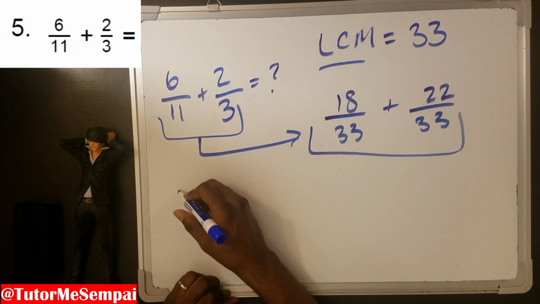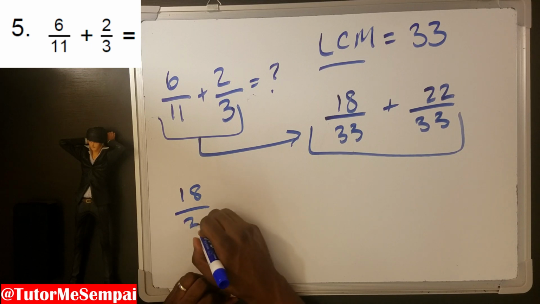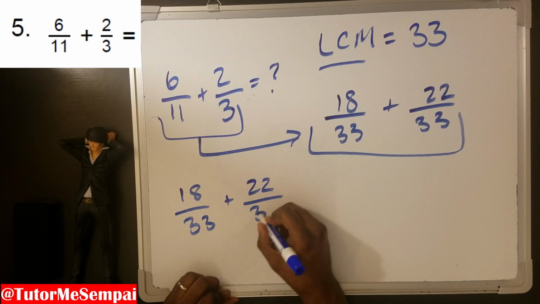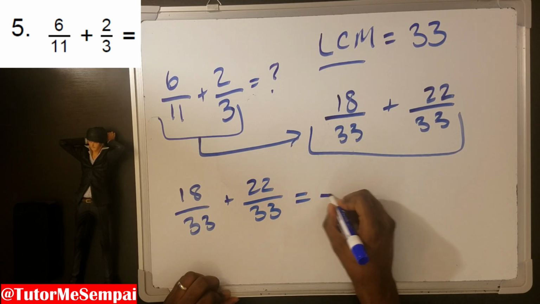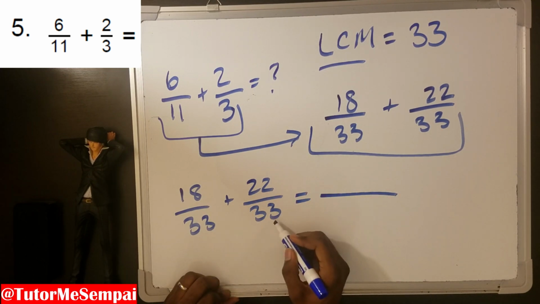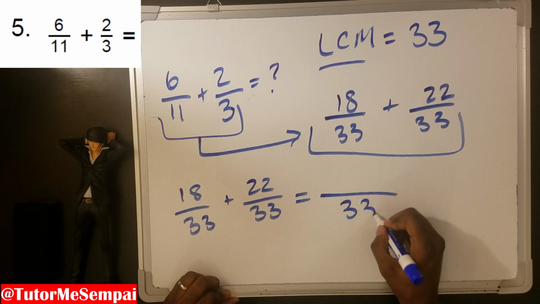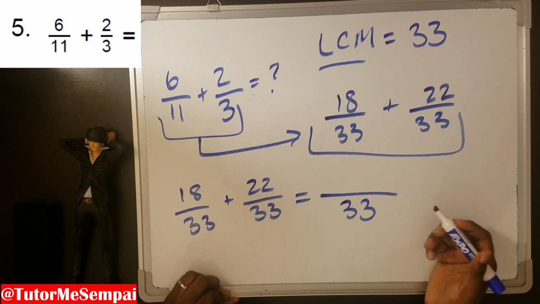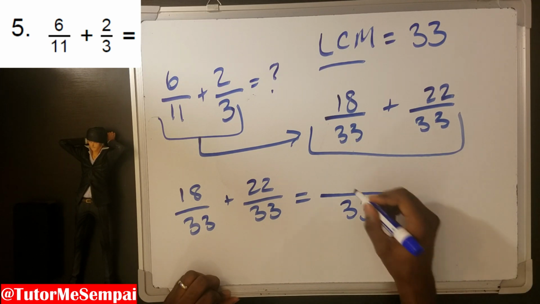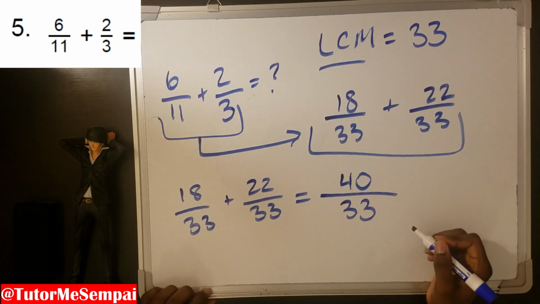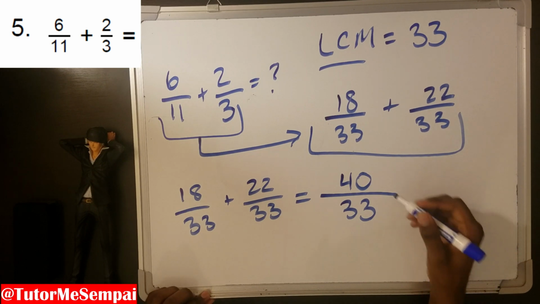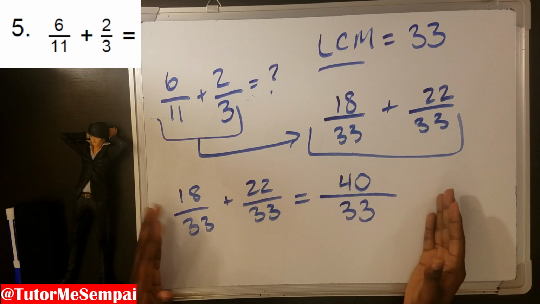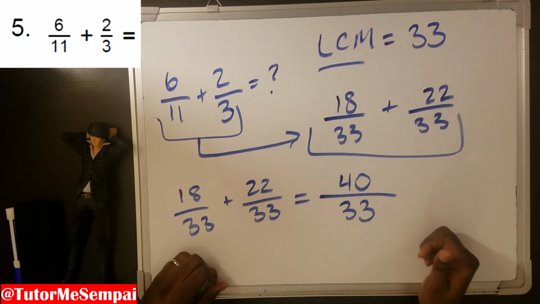So 18 over 33 plus 22 over 33, once again, adding like fractions means that we keep the denominator and we're adding across the top. Well, what's 18 plus 22? That is 40. So the answer to this question is 40 over 33. Normally, I would recommend when you find your answer in this fashion, see if you can simplify this anymore.